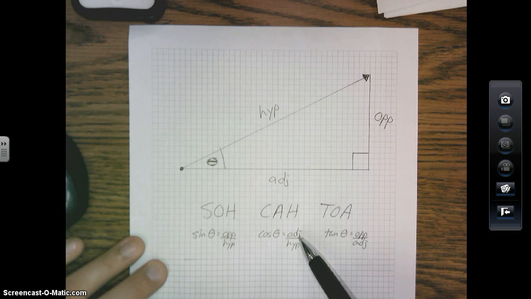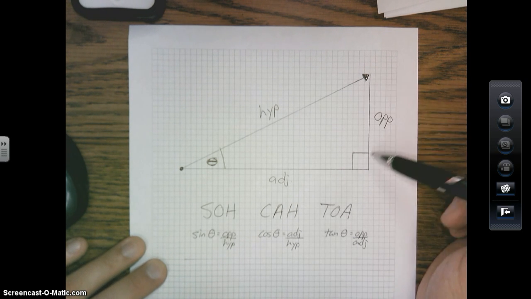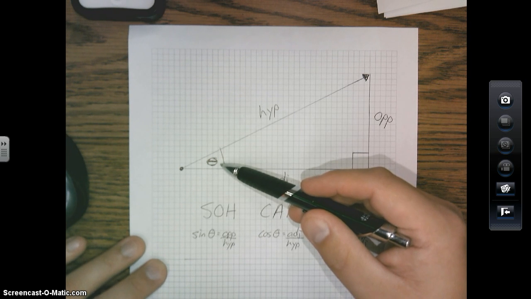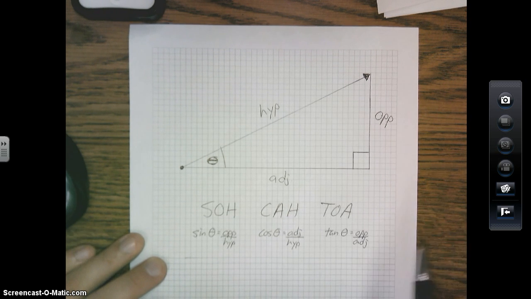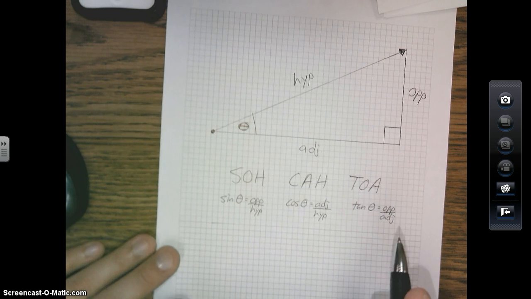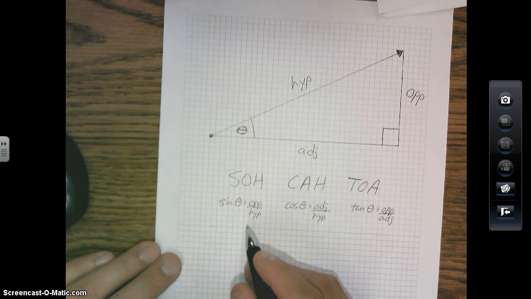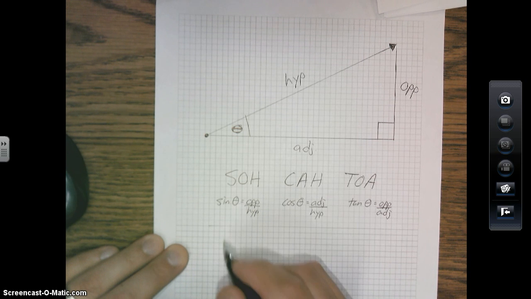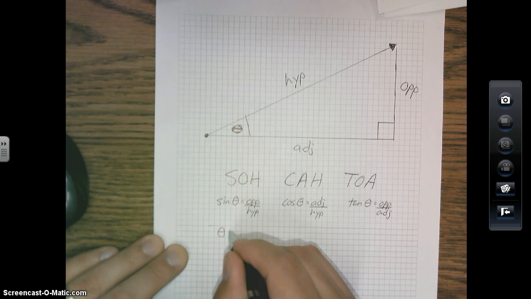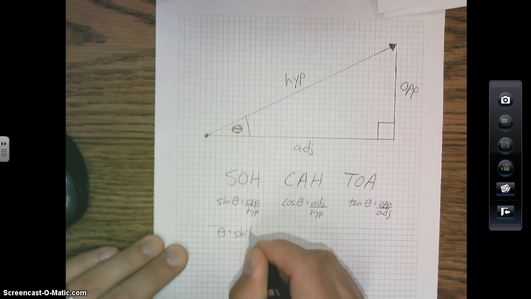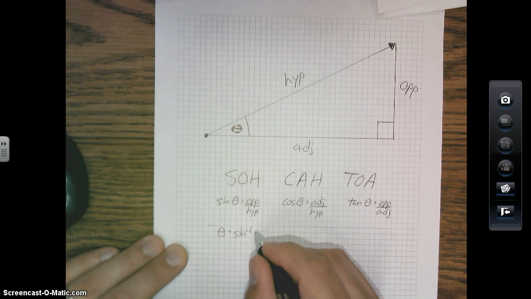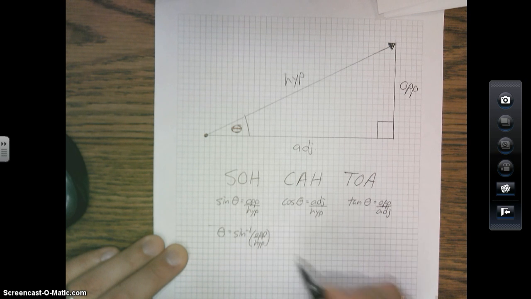Now, what happens if I had two sides of the triangle and I wanted to find the angle? Well, then we use what's called the inverse functions. So for sine, if we had the opposite and the hypotenuse and we wanted to find that angle, theta would be equal to the inverse sine, which is the little -1 above the sine, of opposite divided by hypotenuse.